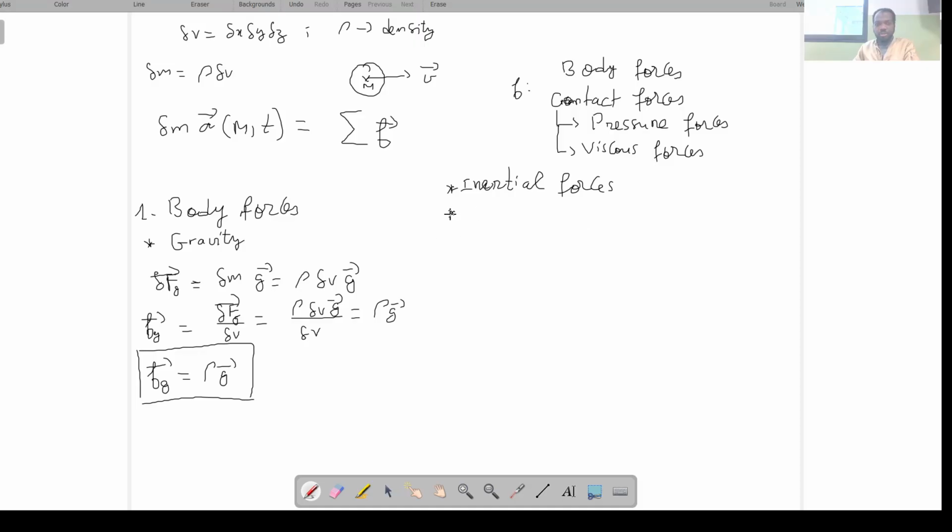There is also the Coriolis force, which arises specifically in a rotating reference frame such as the Earth, and we can add the Lorentz force, which acts on a fluid particle subjected to a magnetic field.